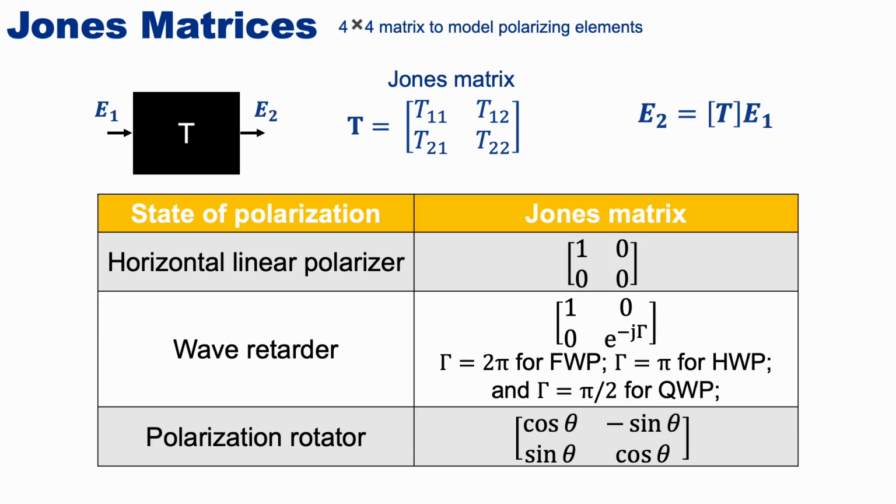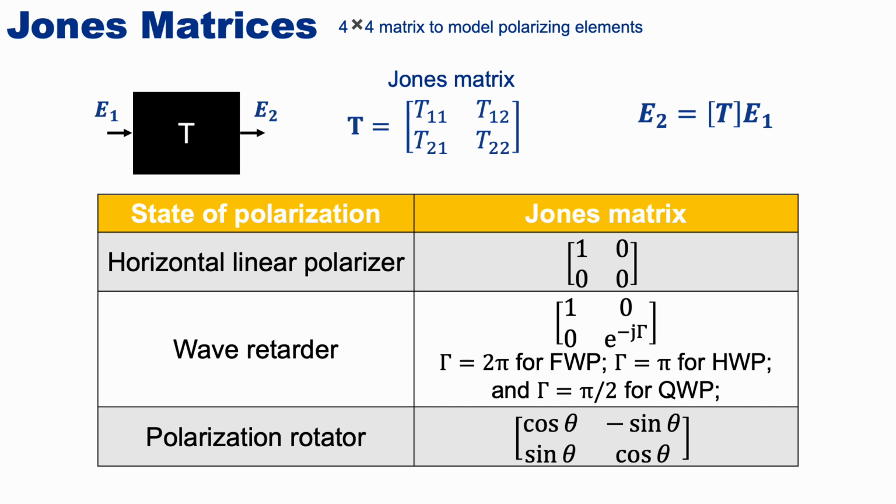So we use the Jones vector to characterize the polarization state of a beam of light, but then we use the Jones matrix to characterize the polarizing elements. So every element is associated with a Jones matrix. And we have the horizontal linear polarization. If we have the vertical, we just put 0 in the first element, and then we have t22 equal to 1.